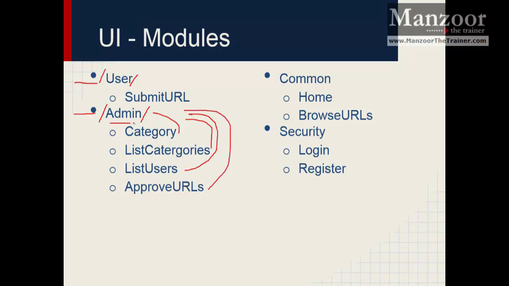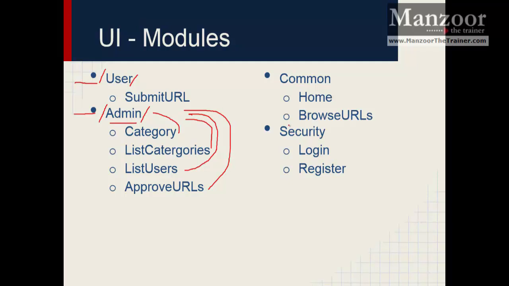So this says that all these things come under the admin module. In the same way you have common and security. So 2 pages come under common module and 2 pages come under security module. So I have 4 modules.